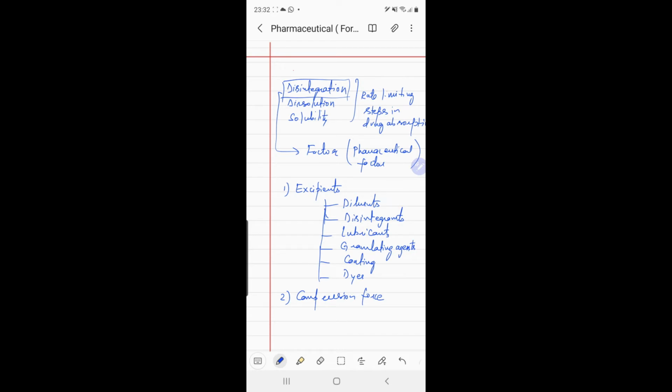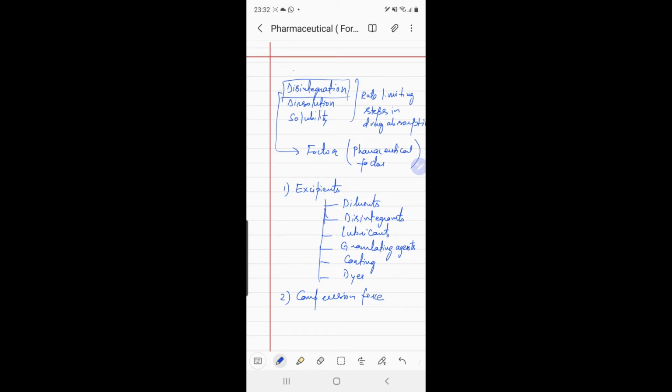Disintegration precedes the dissolution, so if there is an extension in the disintegration time, then automatically there is a reduction in the dissolution rate, so there is a slow release and a slow absorption of the drug.